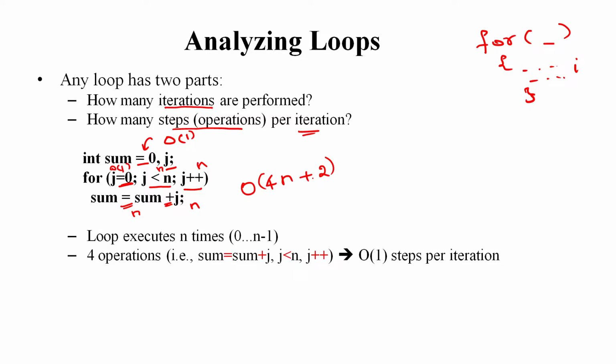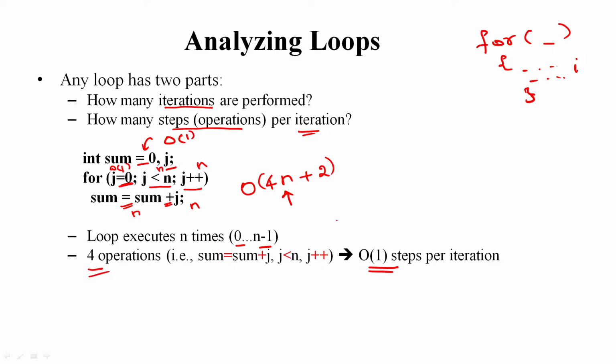Here the loop will execute from 0 to n, that means n times. Then 4 operations are performed inside the iteration, that's what I told you, 4n. For each step, which consumes order of one time, right?